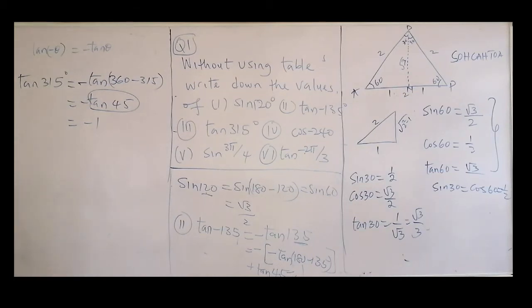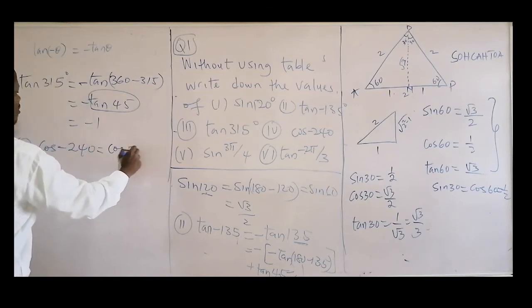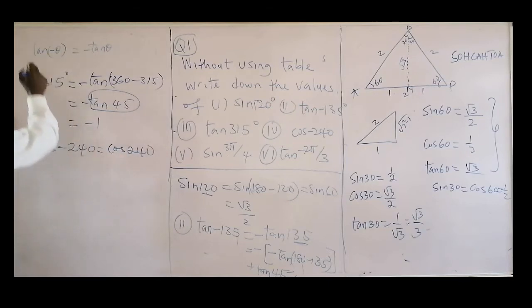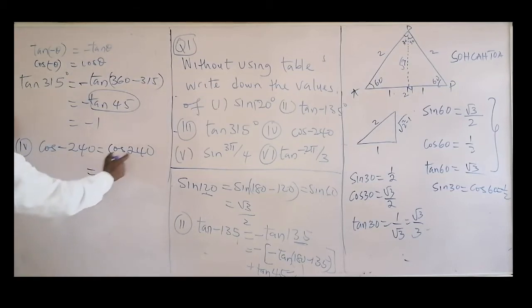And the next one, the fourth one, cos minus 240, which is equal to, firstly, positive cos 240, because cos minus theta is cos theta. The cos of a negative angle is positive. Then 240 is in the third quadrant, and it doesn't fall in the cosine region, so it will be minus cos.